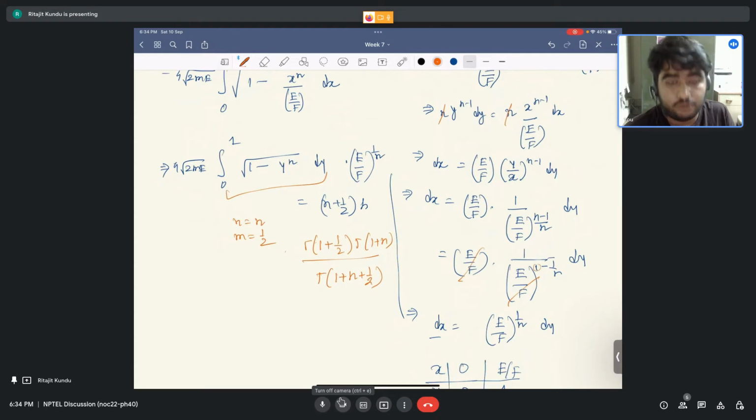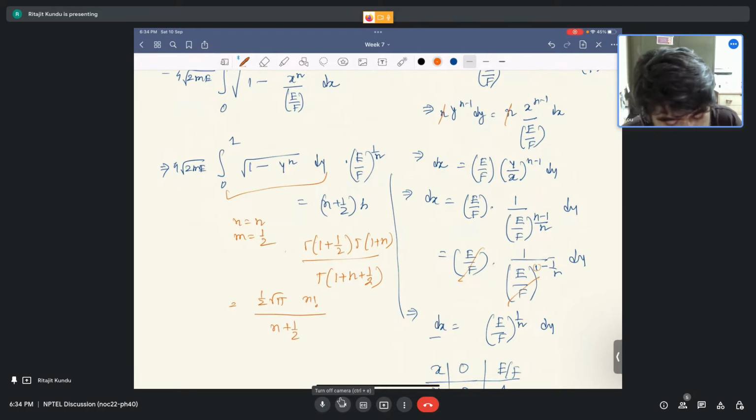So this is the formula. So we can try to simplify this a little bit. It becomes half square root pi n factorial, and so n plus half.